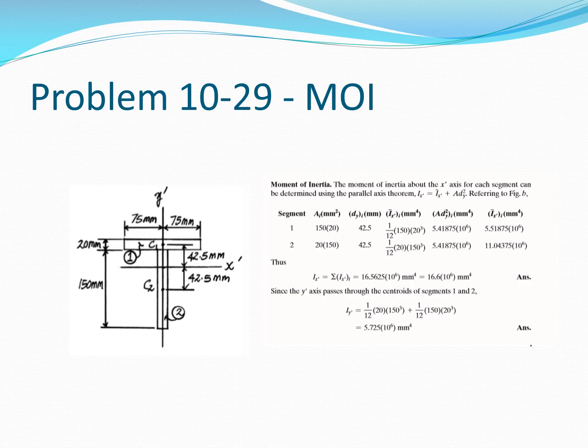For the one on the bottom, you've got 150 for the height and 20 for the base. So you can see those numbers plugged in. We've got the area times dy squared, and the last column is those Ix values calculated out. We do all that and we find our Ix value, and it's given to us there.